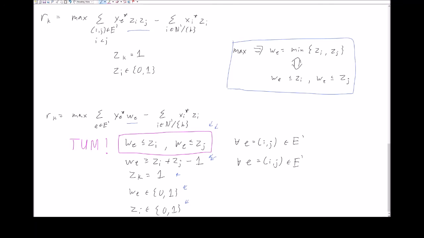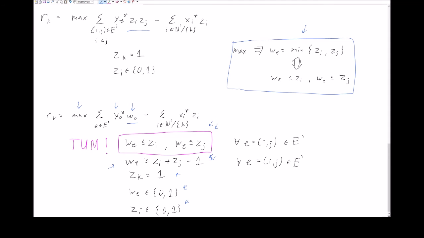However, we can sort of recover the totally unimodular property by noting that we're working with a maximization problem. Because this is a maximization problem, and because all ye stars are positive, we'd like to make we as large as possible. This means that we doesn't really need to be constrained by a minimization, and effectively we is going to be equal to the minimum of zi and zj.